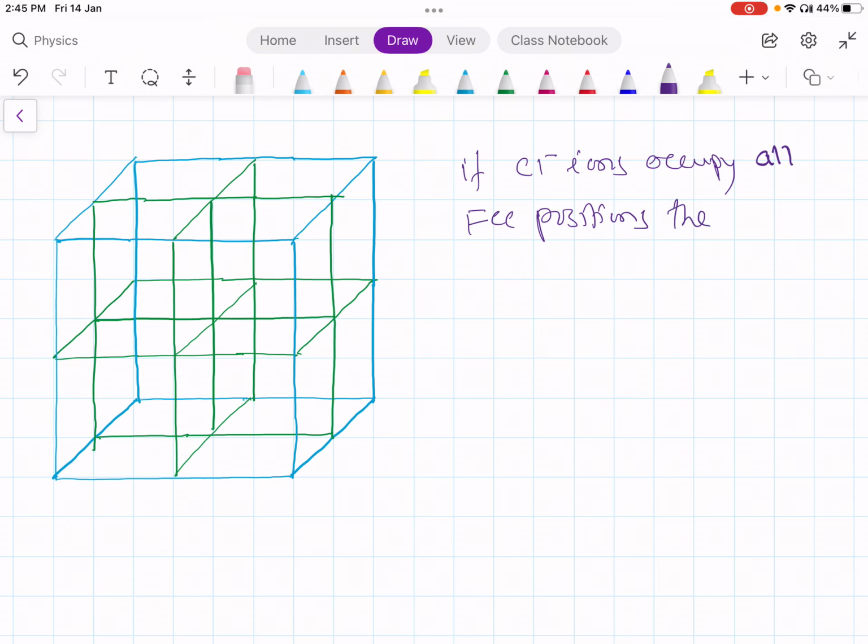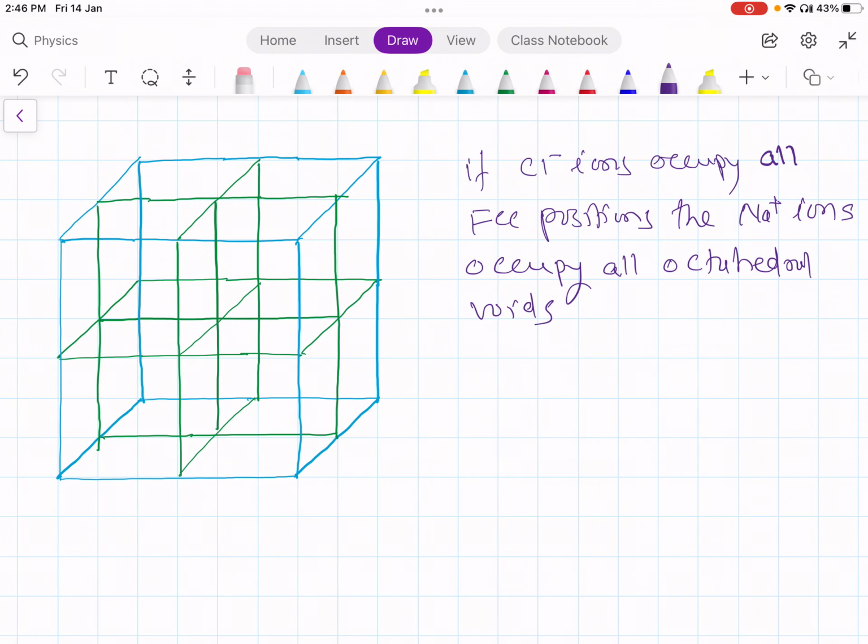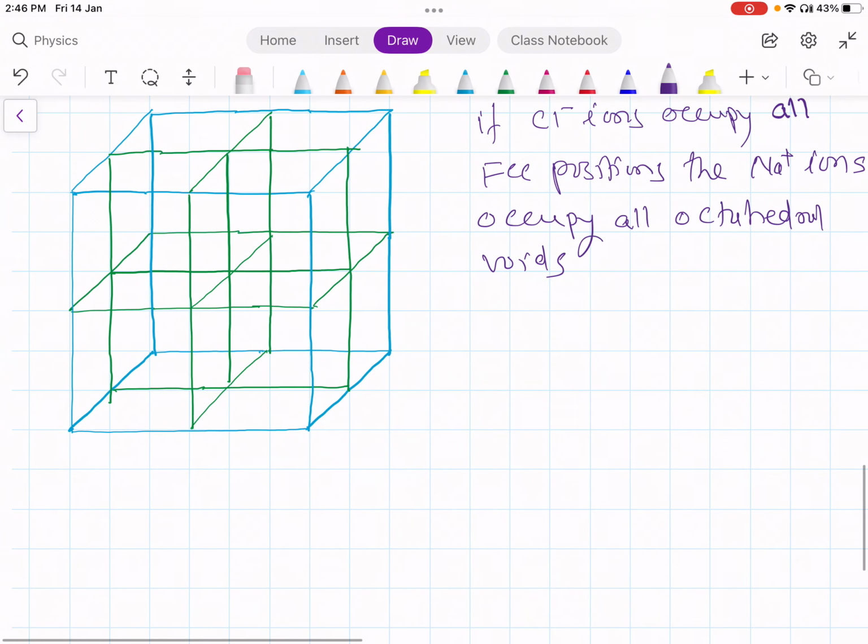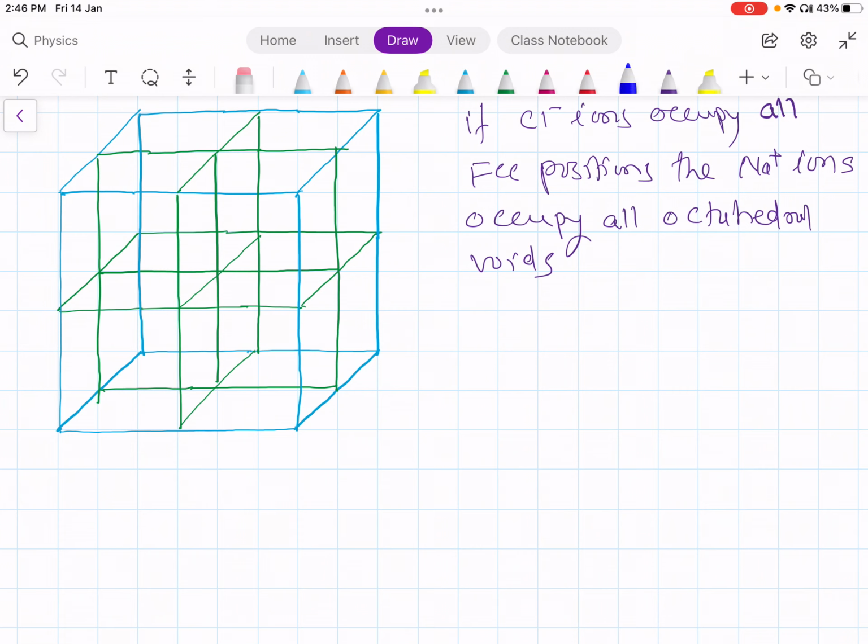Then sodium ions occupy all octahedral voids. These octahedral voids are formed at the body center of the unit cell and at the midpoint of every edge. Before that, let me explain what octahedral voids are.